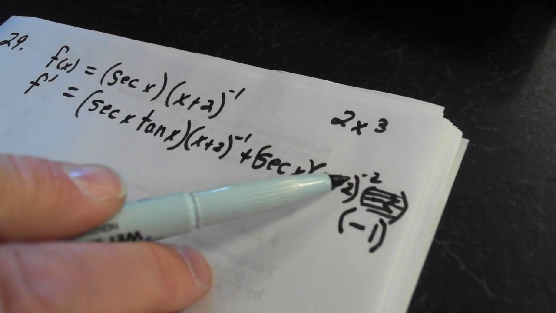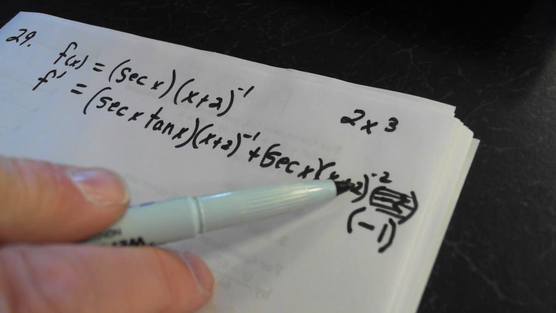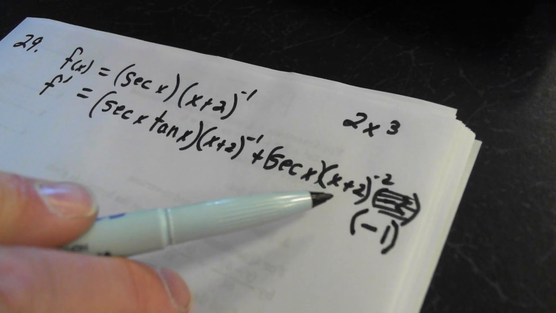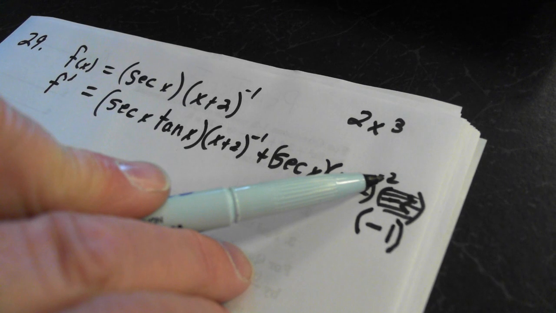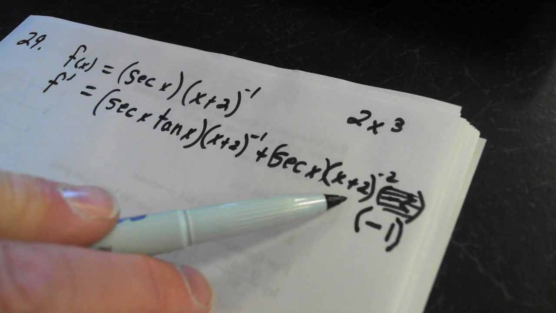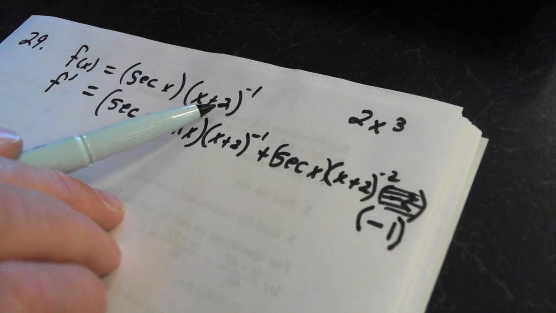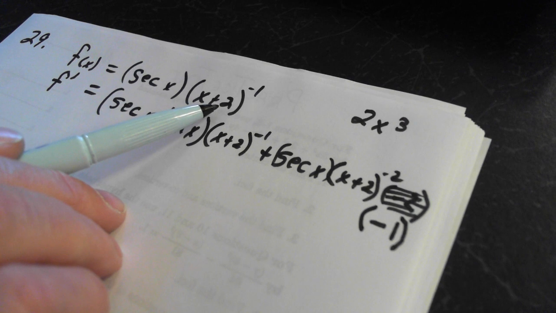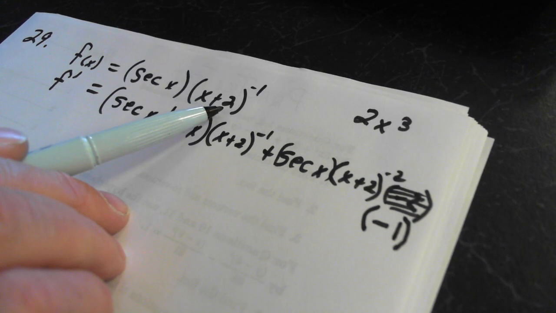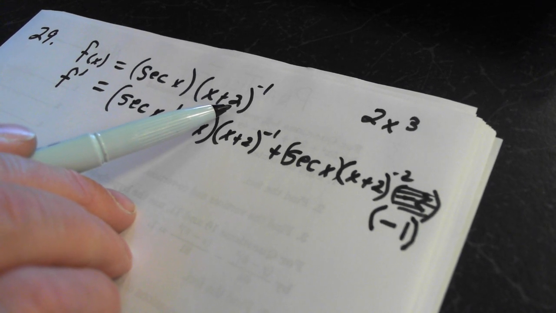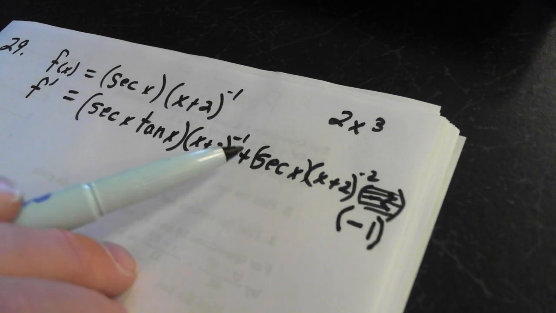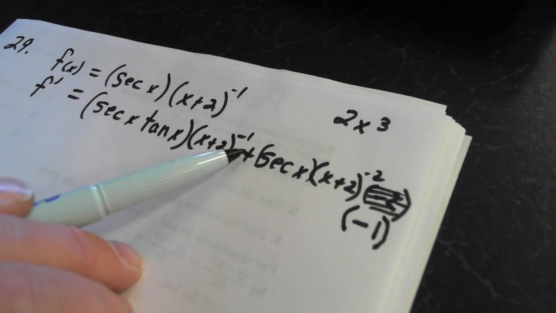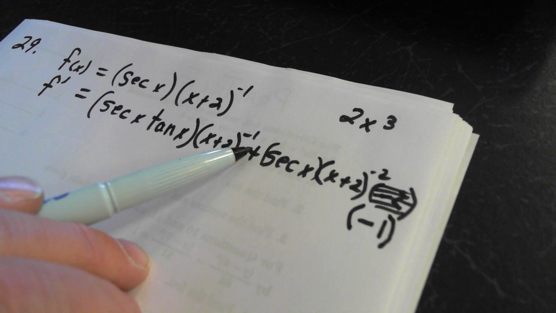I'm treating the whole x plus 2 as one thing. You could put it in, but you don't have to. What do we do with the negative? It would be minus secant x. I didn't really multiply that. It's the same thing.